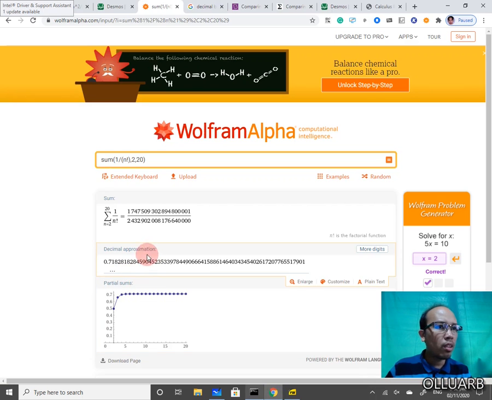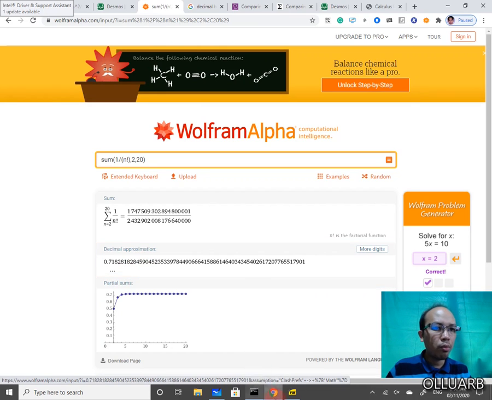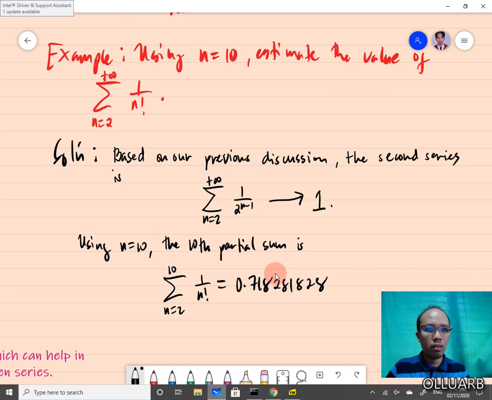Let's add more digits. Okay, so this is the 10th partial sum.